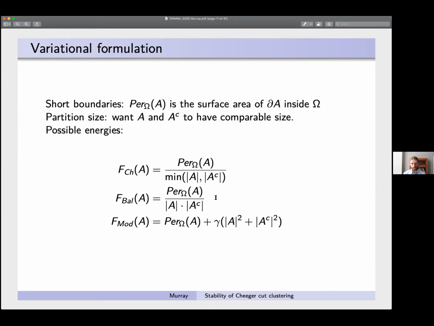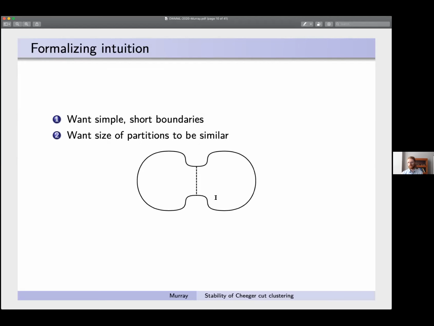Well, it means that we're going to measure the perimeter of this boundary and we want to make that as small as possible. Now here I'm going to abuse some notation throughout and I'm going to write the perimeter of this set A sub omega. And what I mean by that is just the surface area of the boundary of A inside the domain omega. So when I look at this partition that I've drawn here, I'm only charging for the dotted line down the middle and not for the solid line on the outside of the domain.